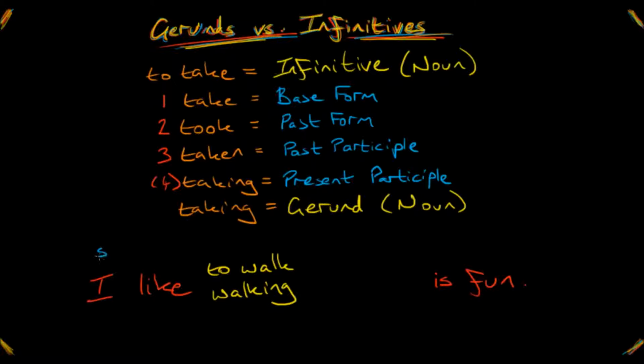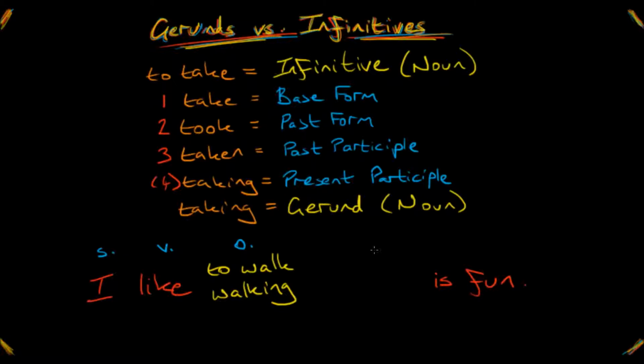I is the subject. We've got like as the main verb, in fact as the only verb. And the object in this sentence is to walk or walking. And an object is a noun or a noun phrase. In this case, a noun down here, or to walk would be a noun phrase.